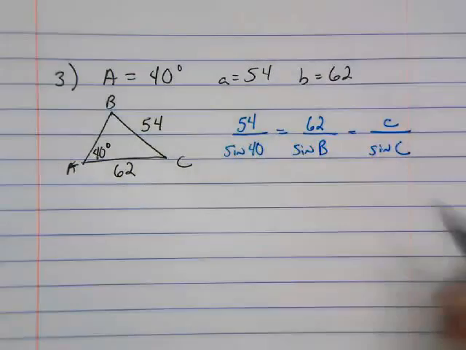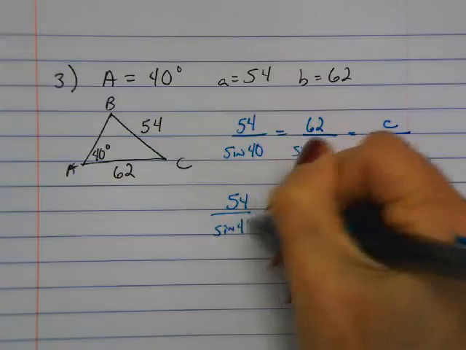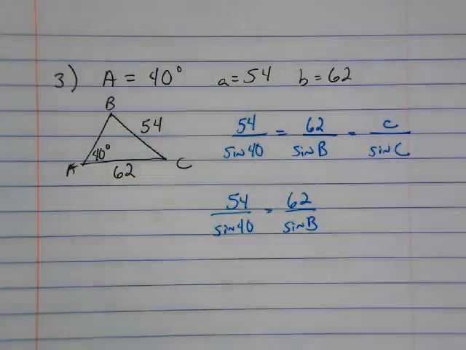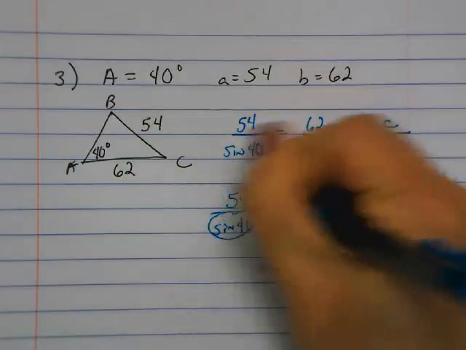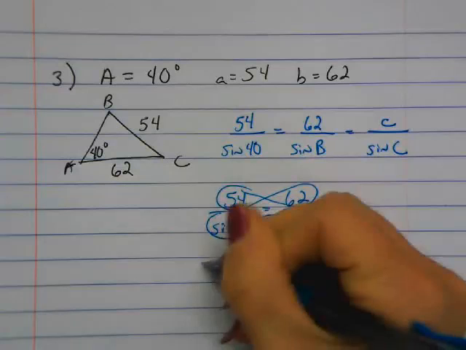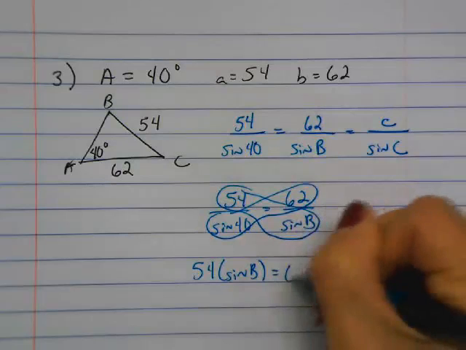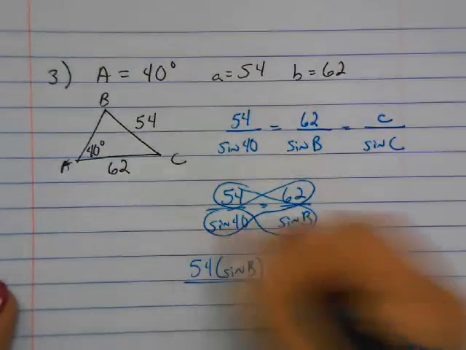So let's go ahead and try. 54 over the sine of 40 equals 62 over the sine of B. So let's cross multiply. So I have 54 times the sine of B is equal to 62 times the sine of 40. I'm going to divide by 54.